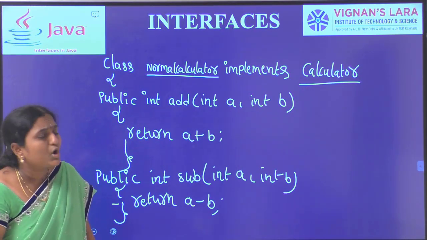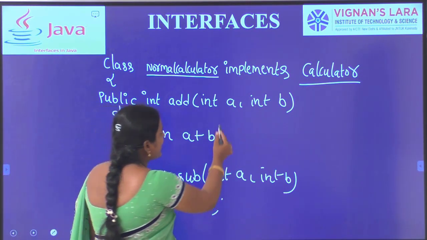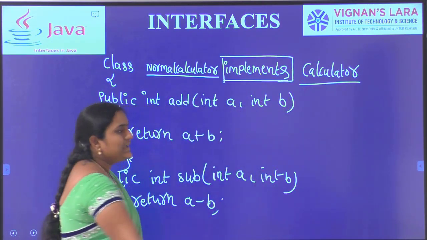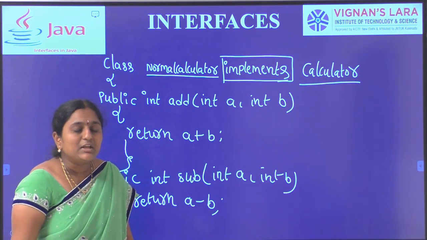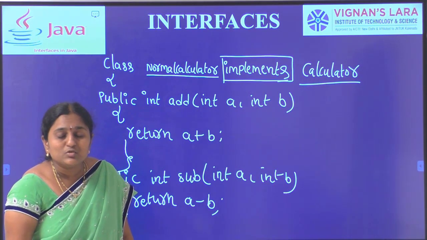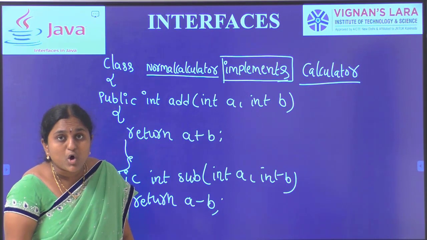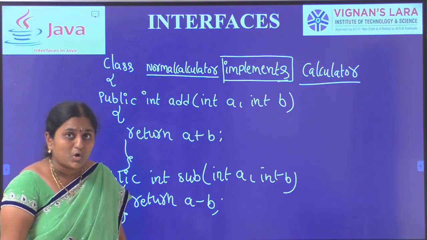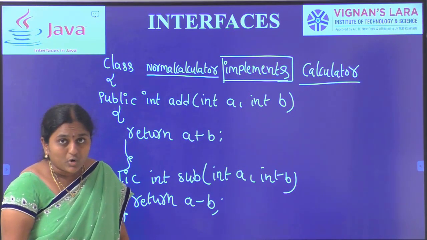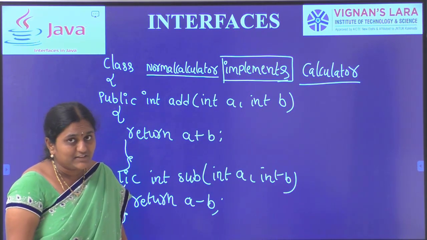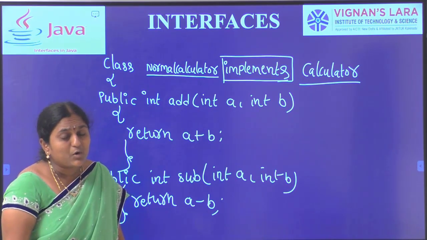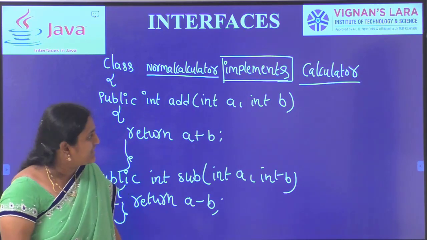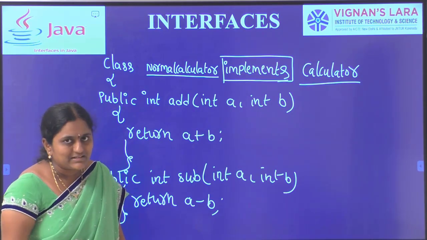What is the functionality of the implements keyword? Whenever the Java compiler finds the implements keyword, at the time of compilation, it checks whether the user provides the bodies of all the methods of the corresponding interface or not. Otherwise our Java program could not compile successfully.